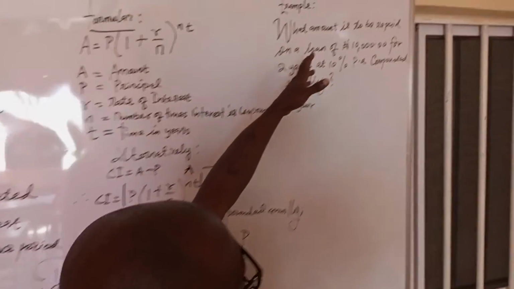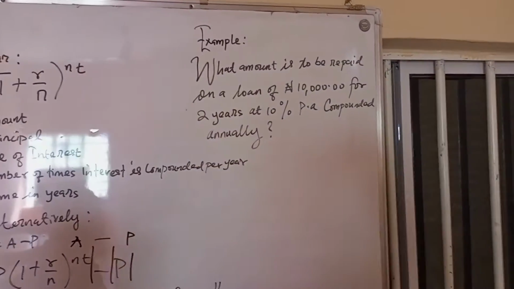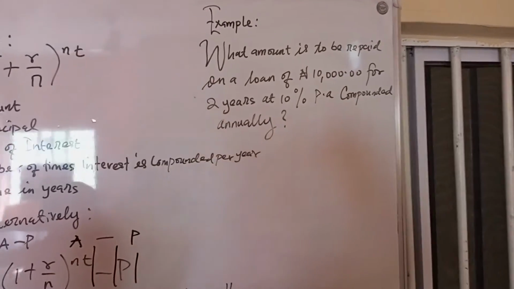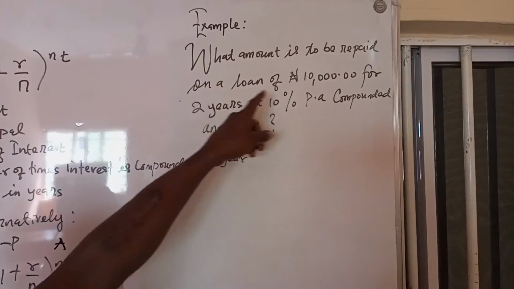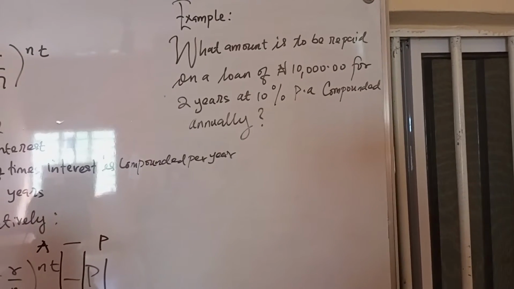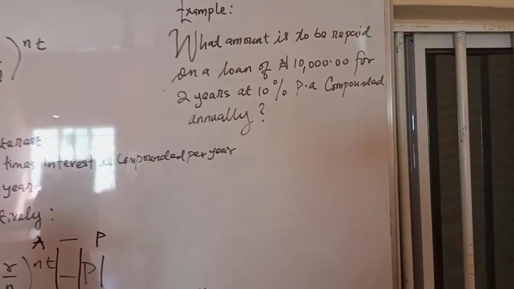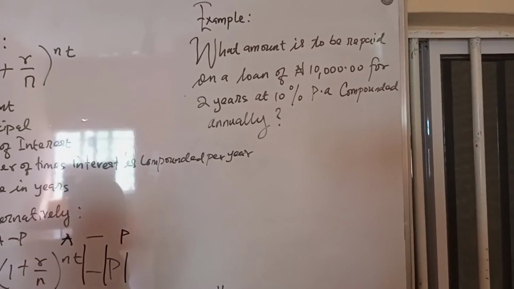All right, having done this, let's look at an example. What amount is to be repaid on a loan of 10,000 naira for 2 years at 10% per annum compound interest?